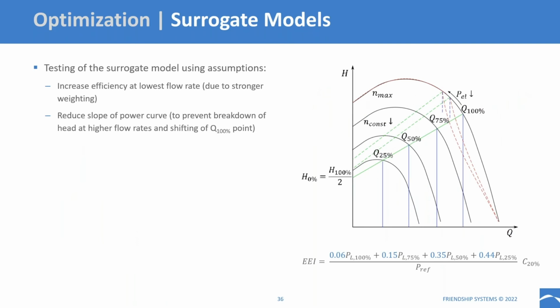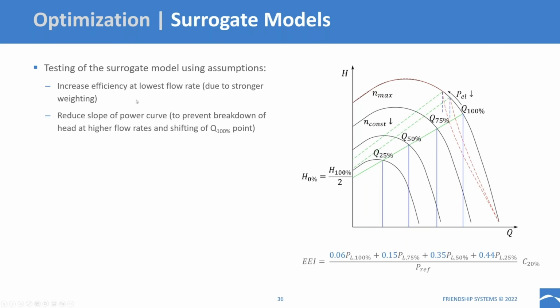But of course, we wanted to test our workflow and the surrogate models that we've created. So we used some assumptions to start with, and the assumptions were we would like to increase the efficiency of the impeller at the lowest flow rate. As you remember, the EEI calculation has a weighting for the different flow rates, and you can see the lower flow rates are disproportionately weighted in this average power consumption.